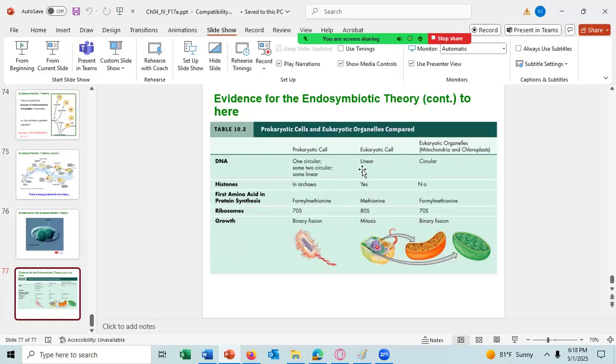If you sequence the DNA of the eukaryote chromosome, it falls within the domain of the DNA of a eukaryote. If you sequence the DNA of the mitochondria and the chloroplast, where do they fall? They fall within the DNA of the domain bacteria.